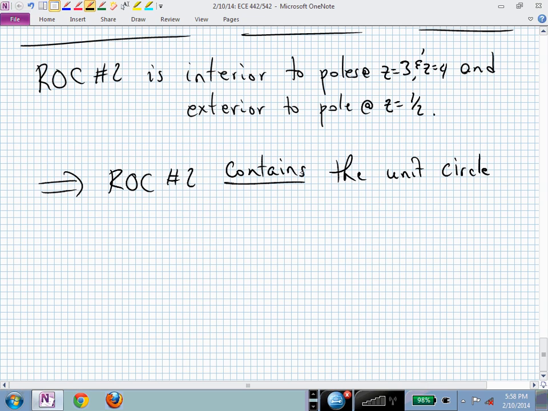It contains the unit circle, and what can we conclude about the time domain waveform's behavior? It needs to be bounded, or it's a stable sequence.